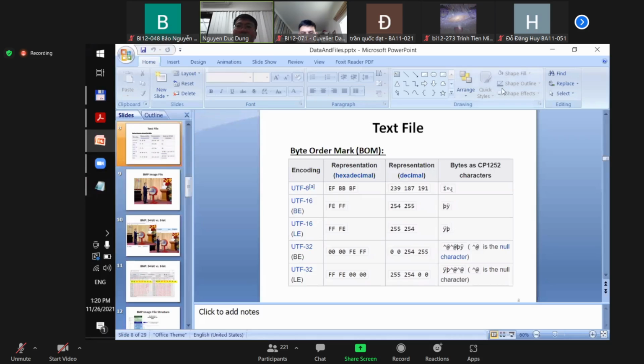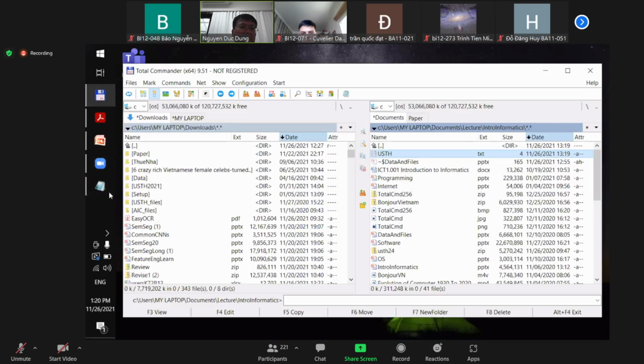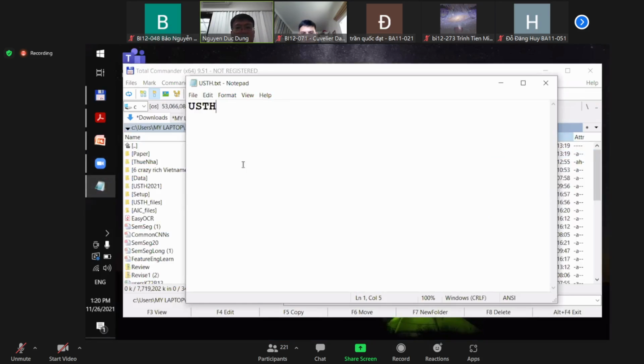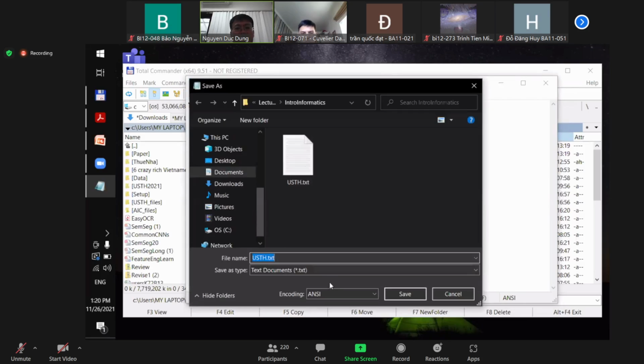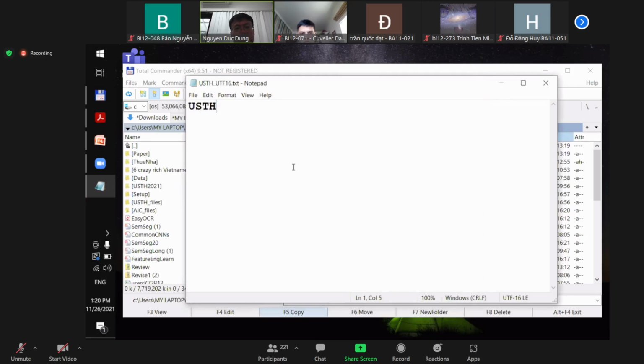Now, with the same document, I save it in another encoding scheme, UTF-16, the second option. The same content, saved to another file name using another scheme.